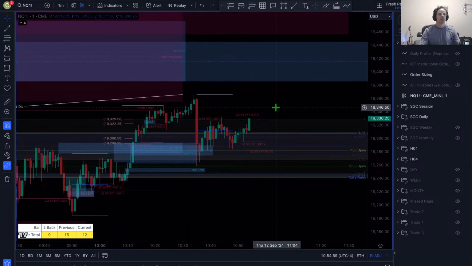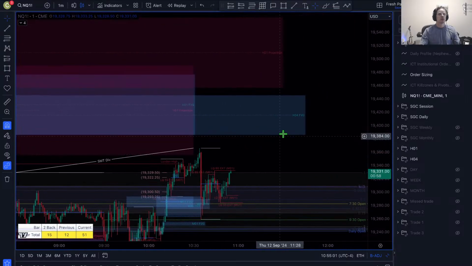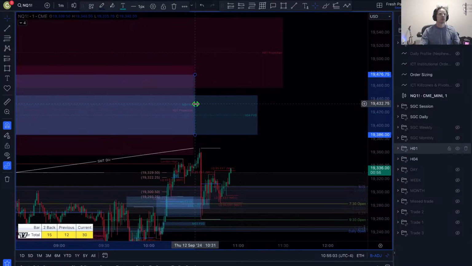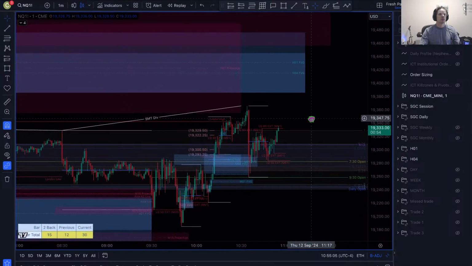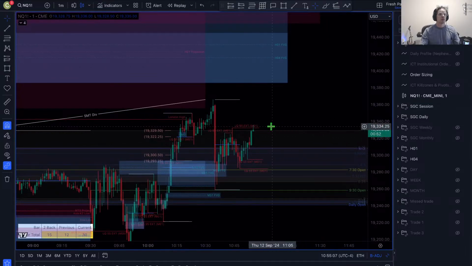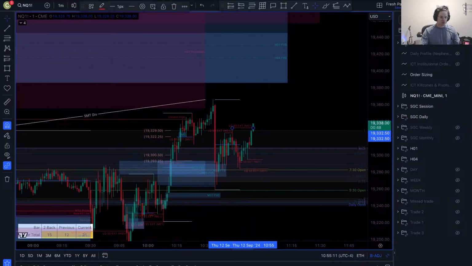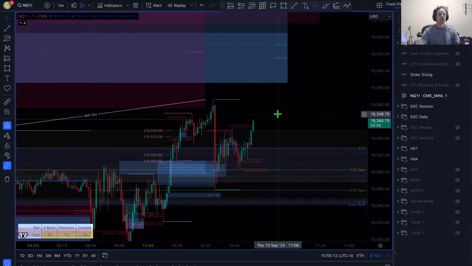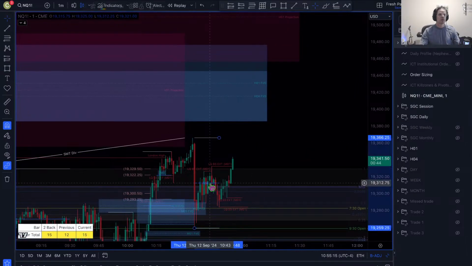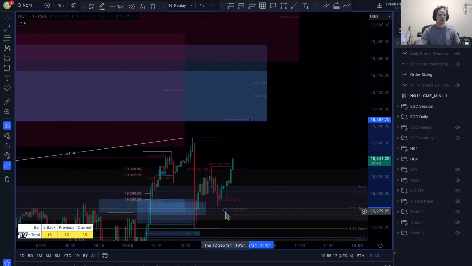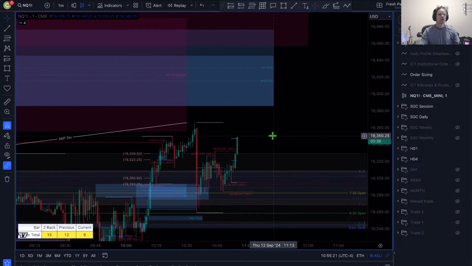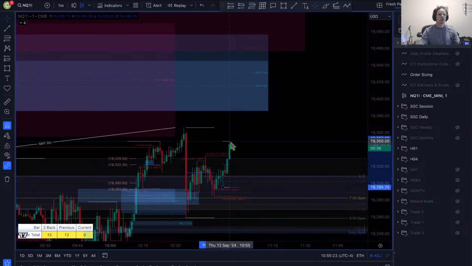I think that was just a big liquidity sweep. That SMT, that did survive, but this is, yeah, there we go. So I'm starting to look at this now as a structure. Yes, sir.